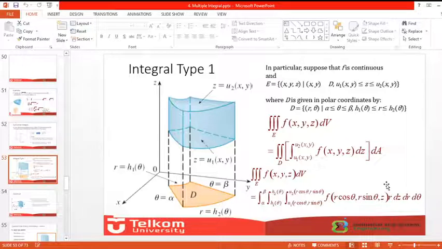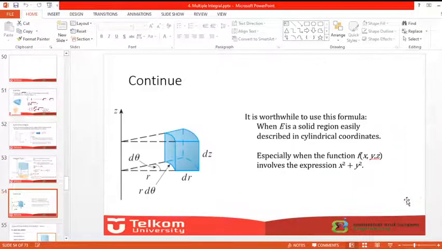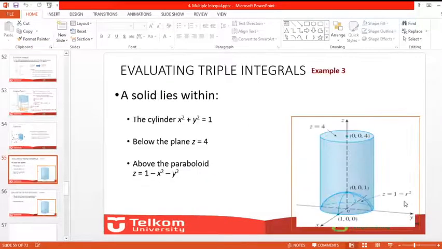So x becomes r cos theta, y becomes r sin theta, z stays the same, and dx dy dz becomes r dz dr d theta. So we can define the cylindrical integral.